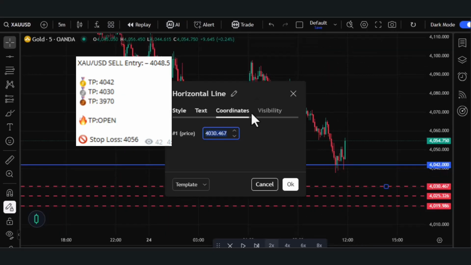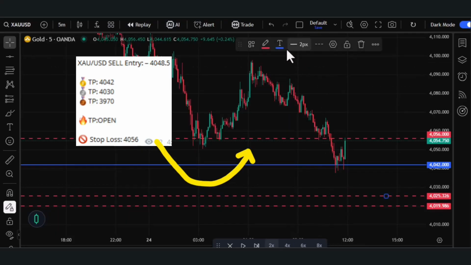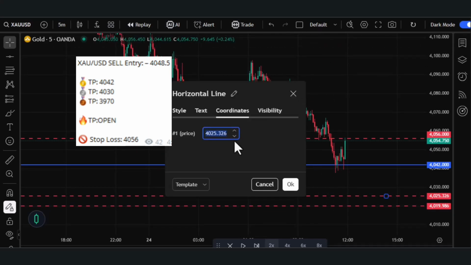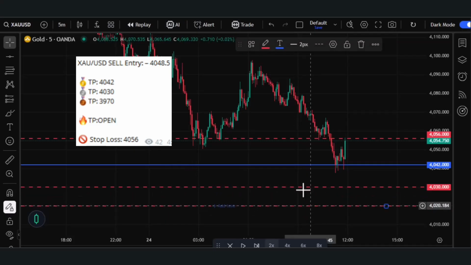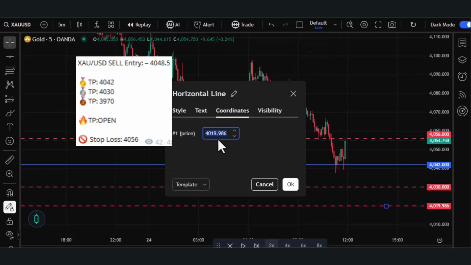We mark the entry point with a blue line. In this part, we set our stop loss. We carefully establish our initial take profit, our second take profit, and also our final third take profit target.